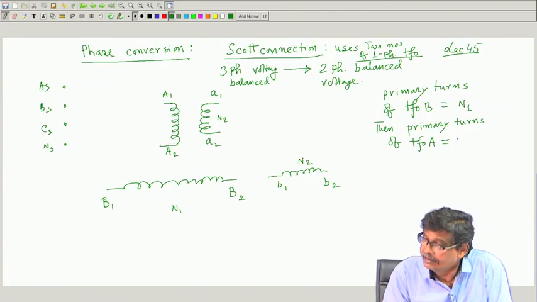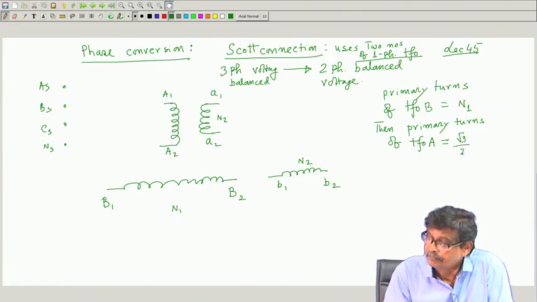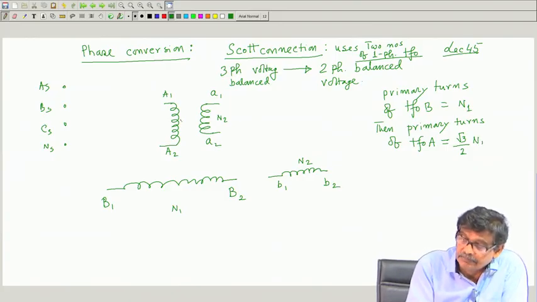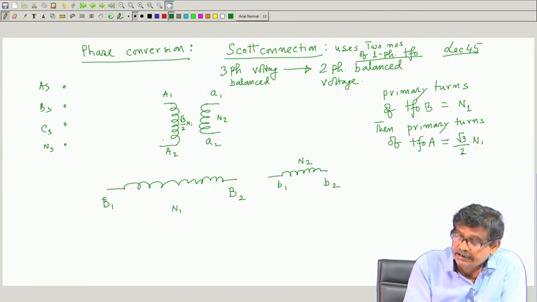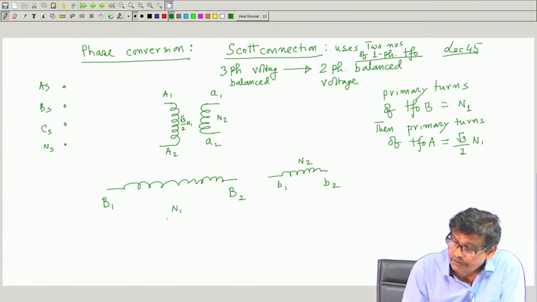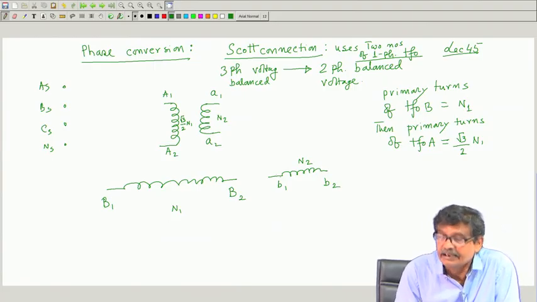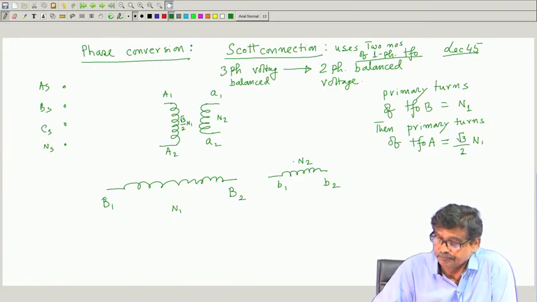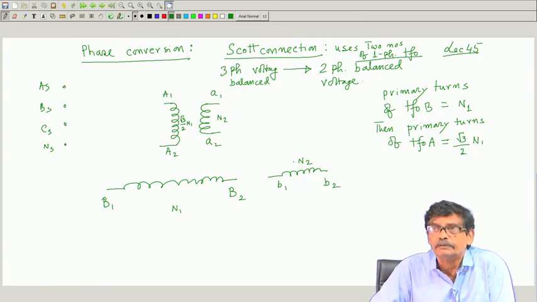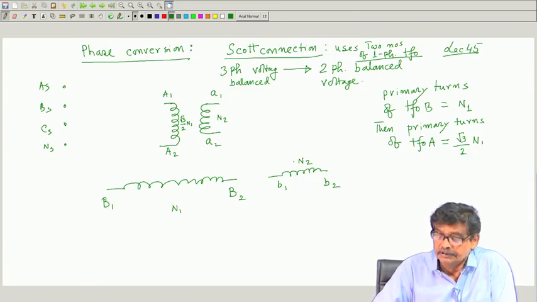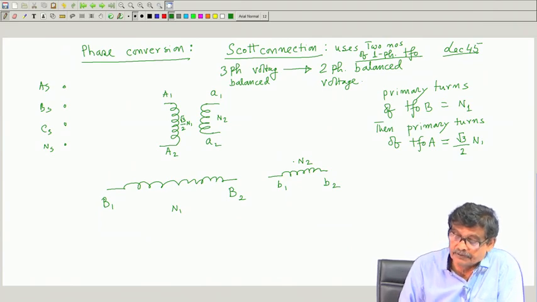So, N1, and then this primary turns are selected at root 3 by 2 N1. That is, the primary turns of this is root 3 by 2 N1, its secondary turns N2, primary turns of this transformer is N1, and its secondary turns is N2. That is how the transformer turns you have to select of these 2 transformers.